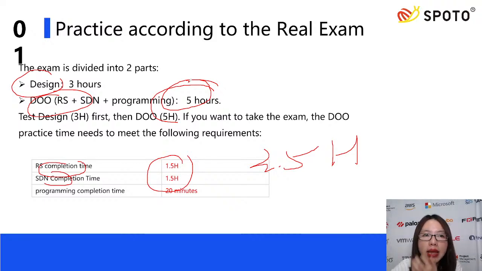Because candidates may experience various failures in DOO due to nervousness, an unfamiliar test environment, and so on. Students need to spend a lot of time to troubleshoot failures. So follow my standards strictly, and I will give you an effective test preparation experience.